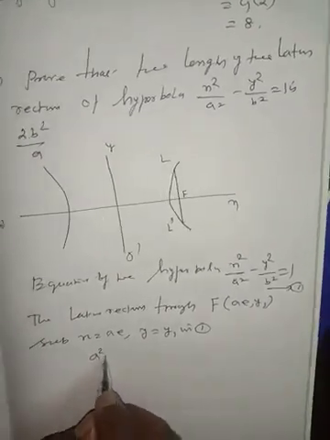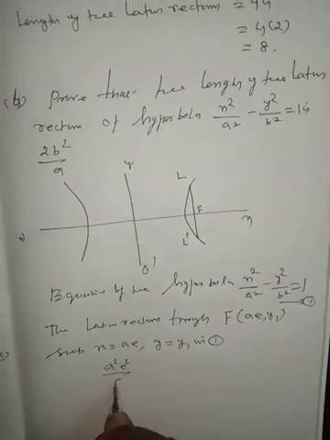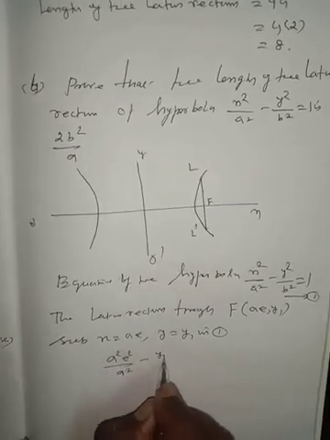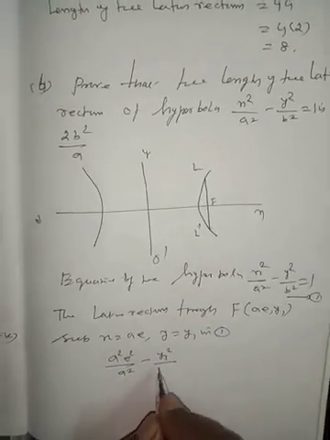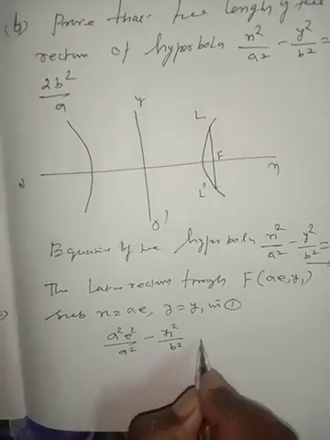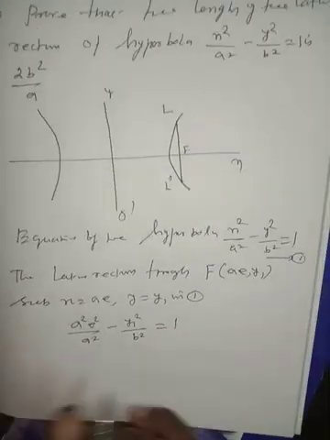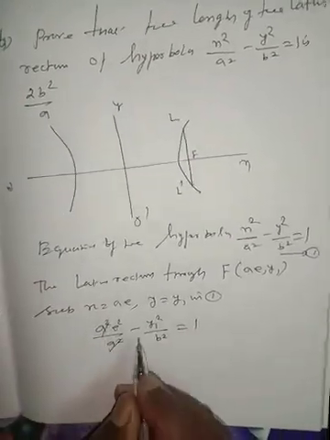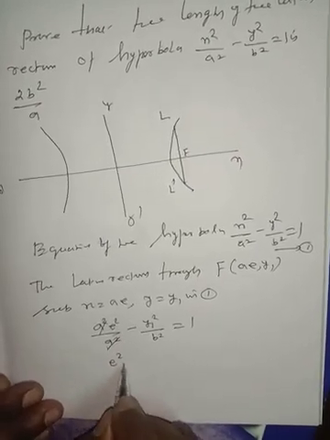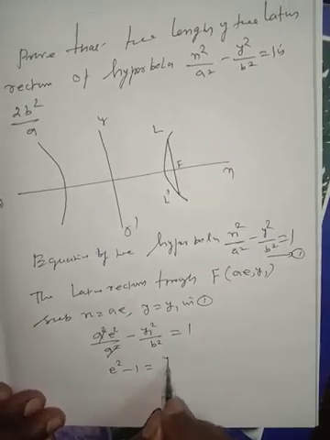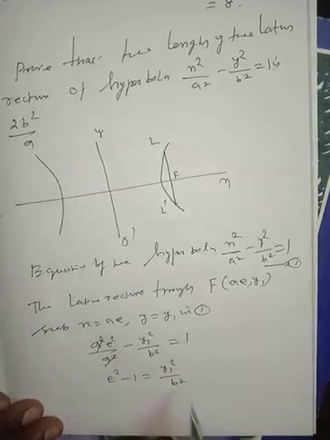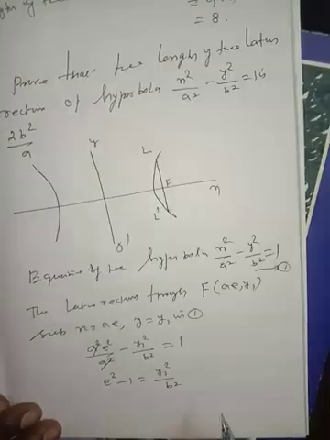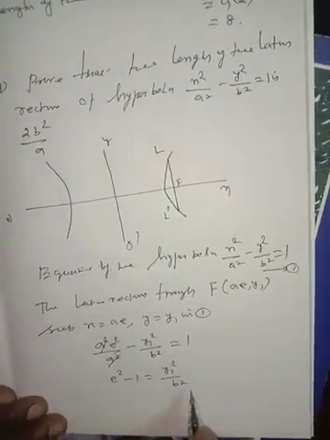We have a square e square divided by a square minus y1 square divided by b square is equal to 1. A square cancels, e square minus 1 is equal to y1 square divided by b square.